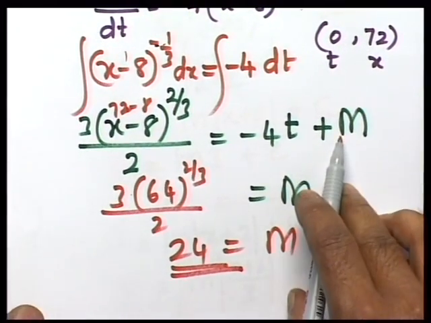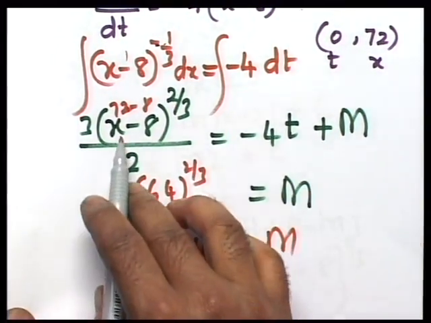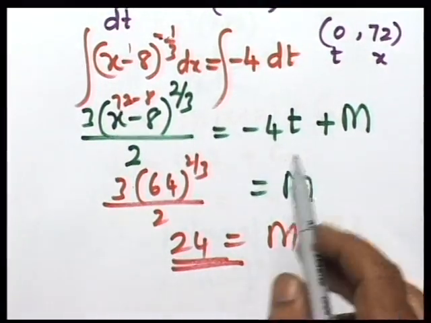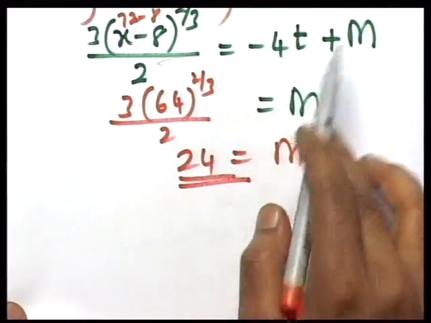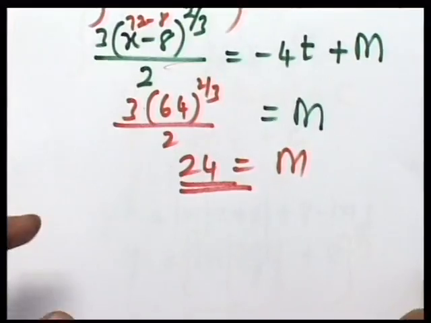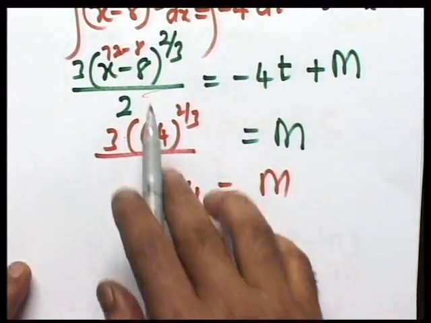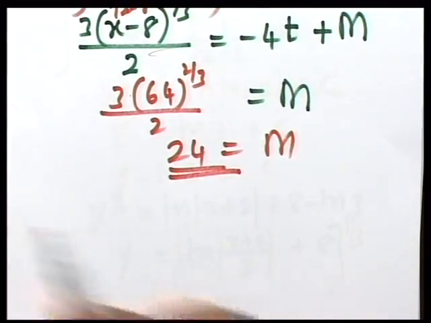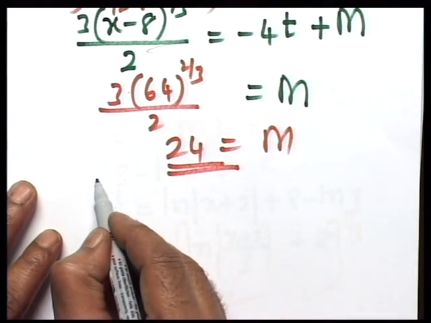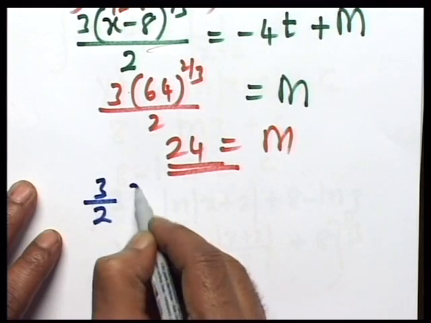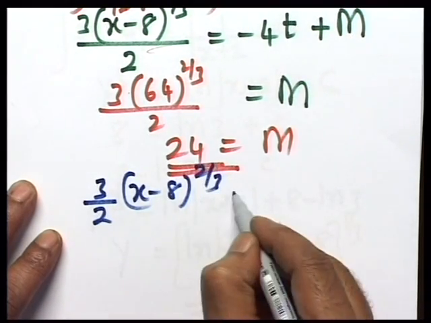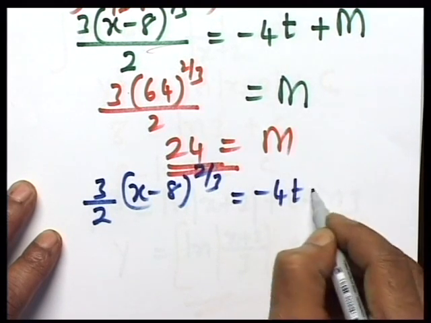We put that back in here and make x the subject if we can, right? I'm taking that equation now and substituting m as 24, please. Okay, guys, that's the equation. 3 over 2 times x minus 8 to the power 2/3 equals minus 4t plus 24.